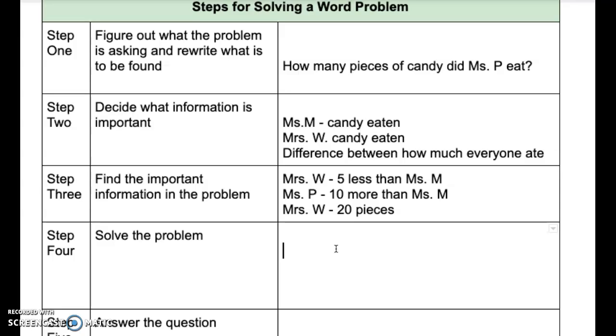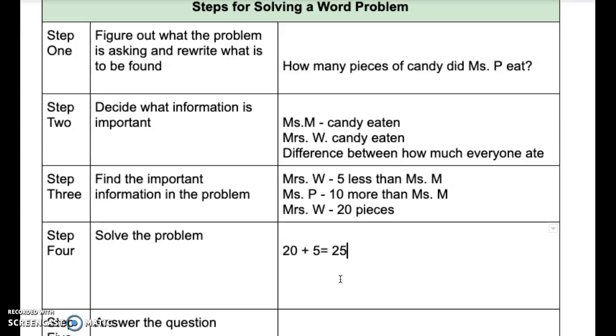Well, we think about our fact families, and I know that if Miss Woldman ate 20, and that is 5 less than Miss Moser, so we know Miss Moser ate 20 plus 5, and that equals 25 pieces. So Miss Moser ate 25 pieces because Miss Woldman ate 20, and that was 5 less than Miss Moser. And 20 is 5 less than 25, so we know Miss Moser ate 25.